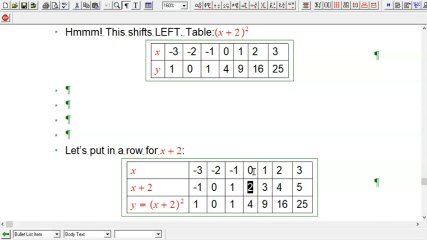I need to anticipate, wait a minute, I'm already going to add 2. I do not want to put in 2 or 4 here. I want to anticipate and undo the +2. I want to put something that's smaller. I want to put 0 in. Then the x plus 2 is 2, and x plus 2 squared is 4.